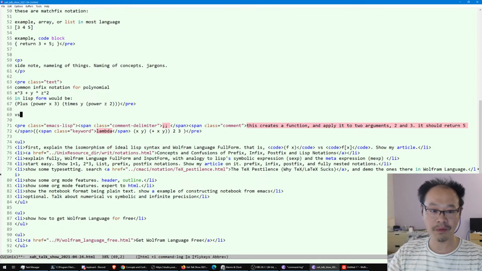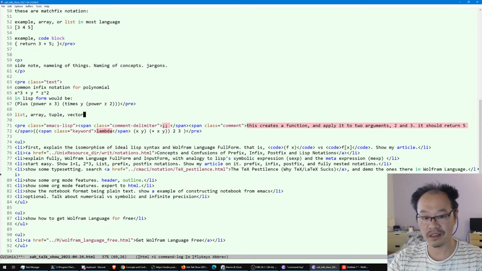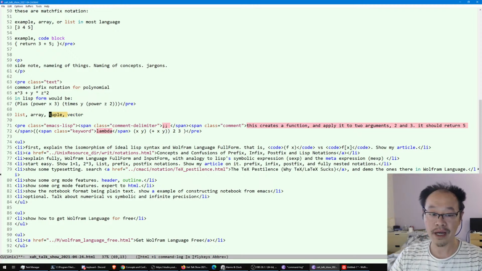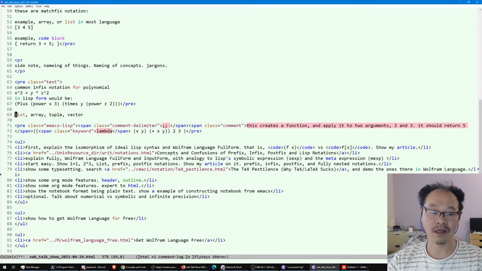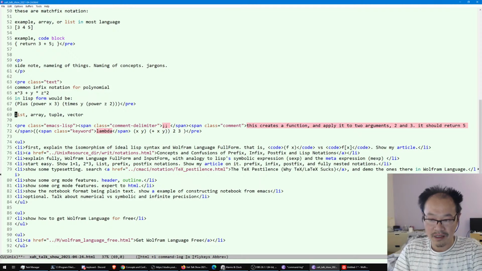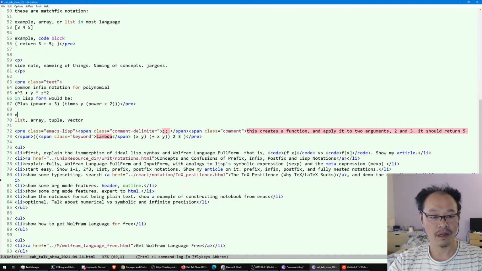So it's the naming of things, very interesting. Let me write down: list, array, tuple, vector. Vector is a term Lisp uses, which is kind of equivalent to Python's tuple, which is kind of equivalent to C's array, which is usually not the same as Lisp. The different languages have different meanings.